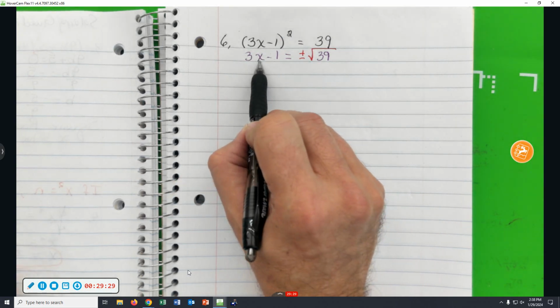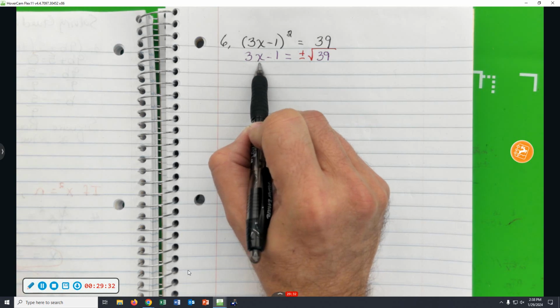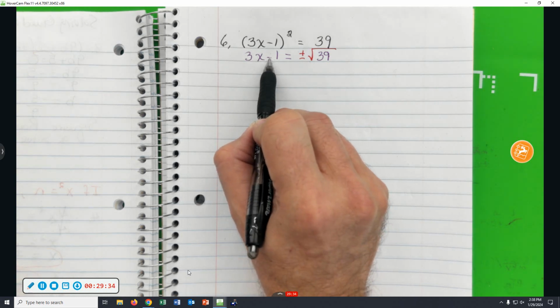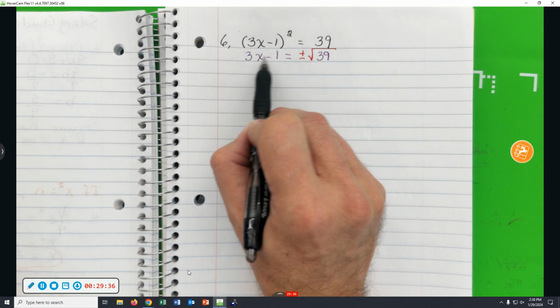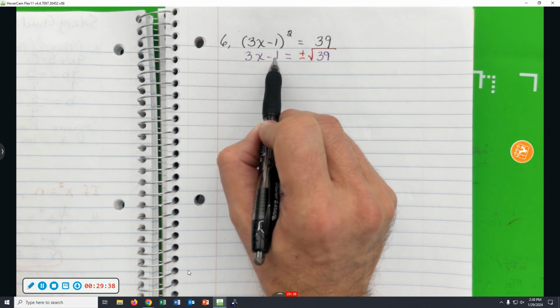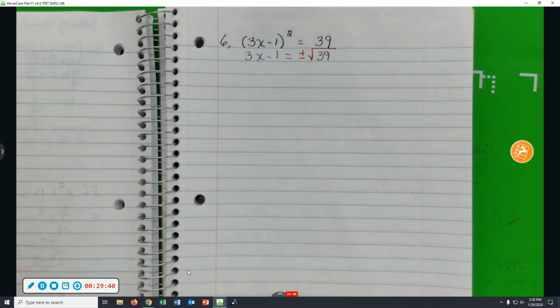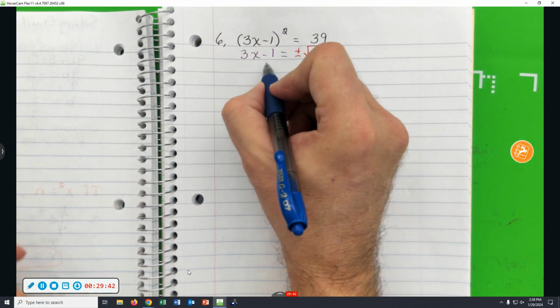How do I get the x by itself? What will I need to do first? Isolating the x. I want x equals a number. Well, how about adding 1 to both sides?